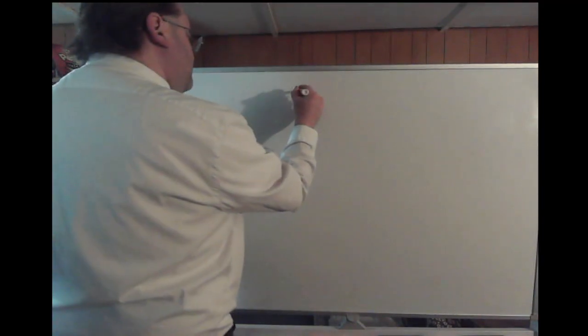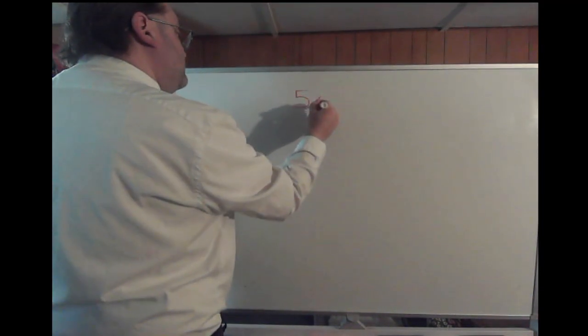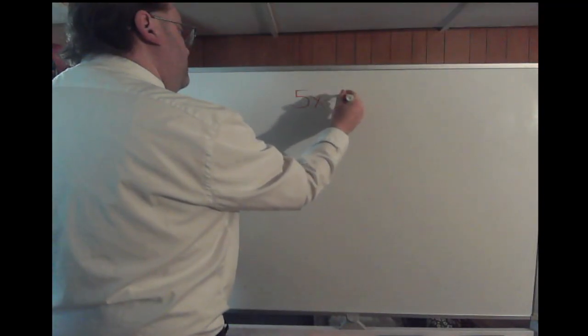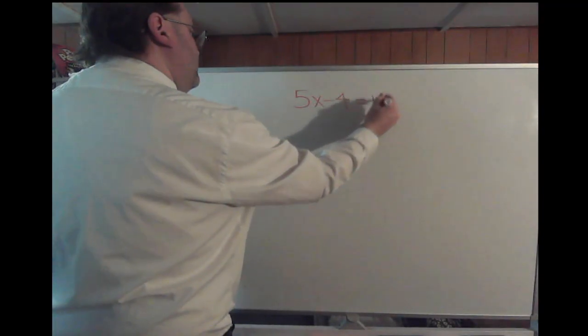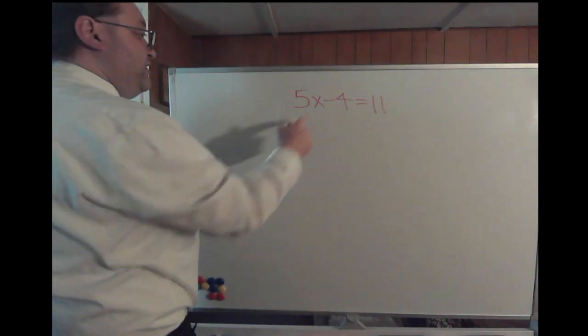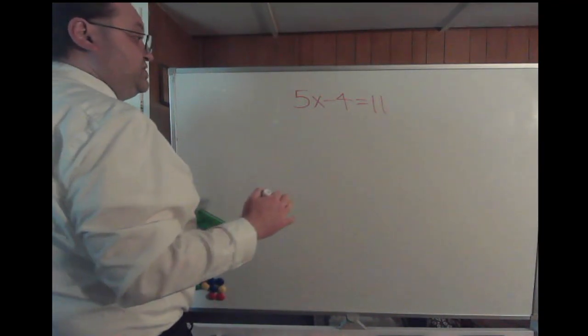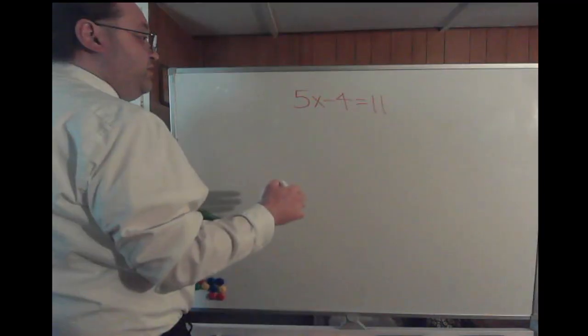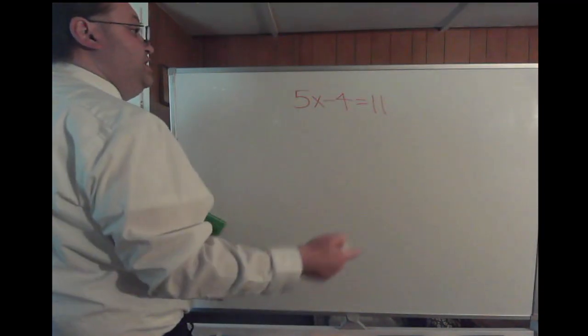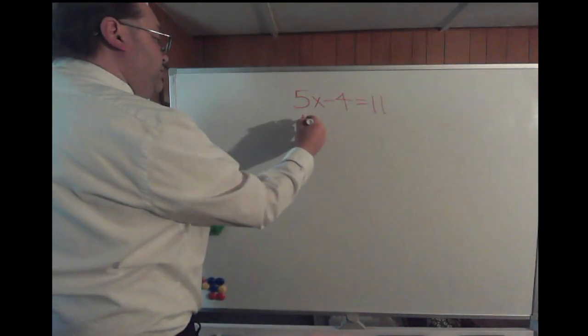But let's do another one. How about 5x minus 4 equals 11? Alright, so we got 5x minus 4 equals 11. Well, the goal first is to get 5x by itself. You have a minus 4, so you need to do a plus 4 in order to get rid of that minus 4.